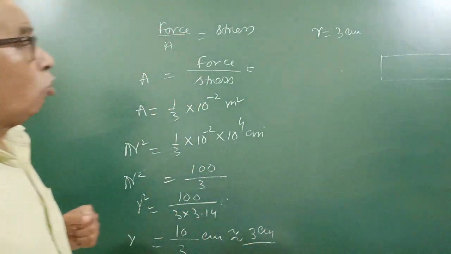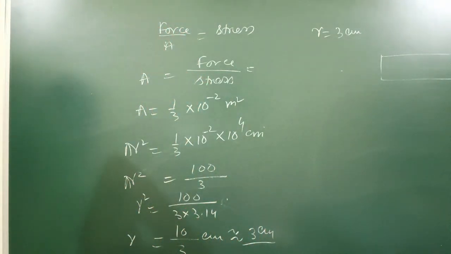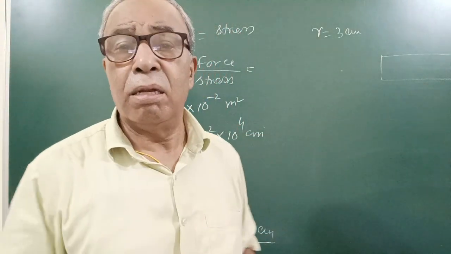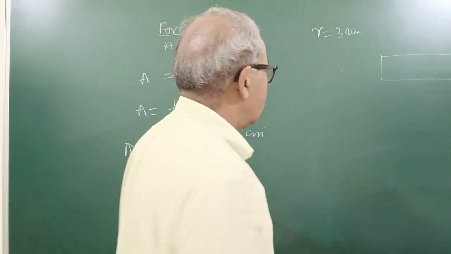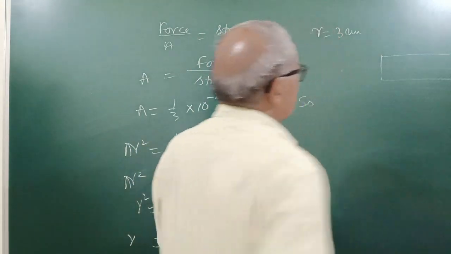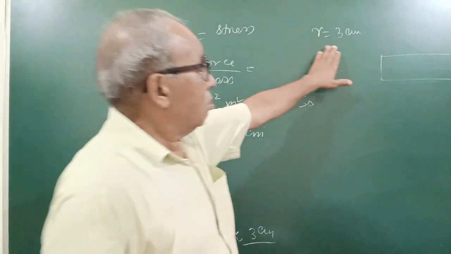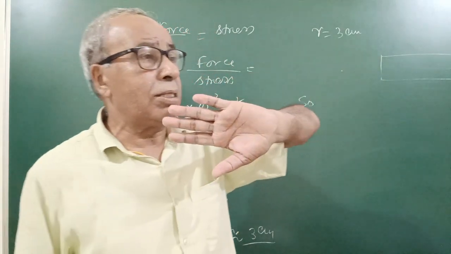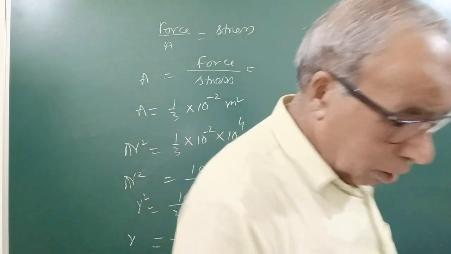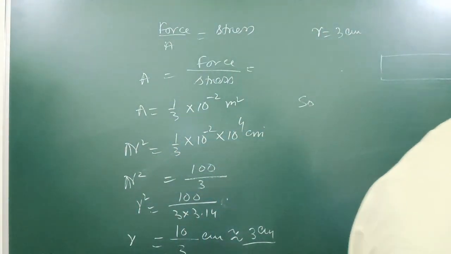So steel ropes for this purpose are made of many thin steel wires which are braided together. A rope of radius 3 centimeter is difficult to handle, it will be like a steel rod.